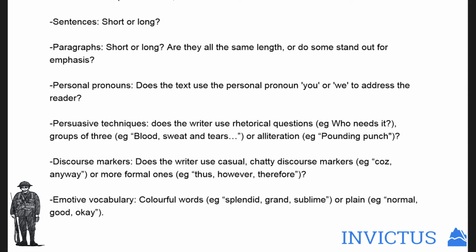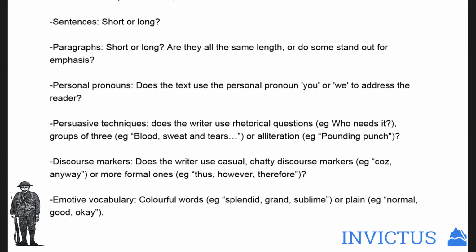It's very persuasive because you want to get people to buy something. There are short sentences, short bold diction, no paragraphs, and no discourse markers because you just want to show the people that the product is up for sale and needs to be bought.